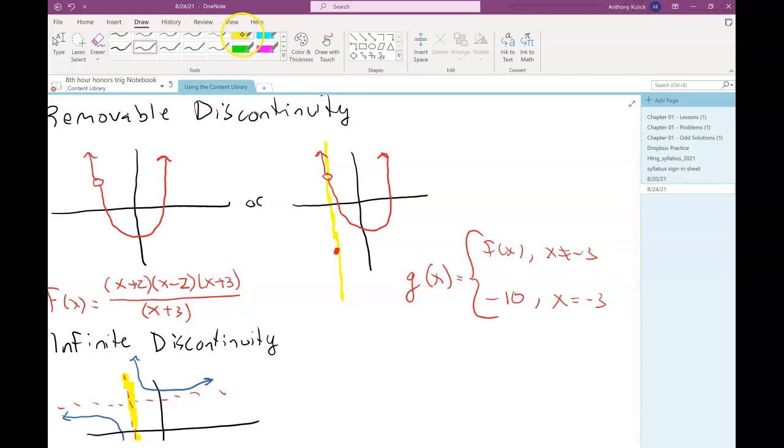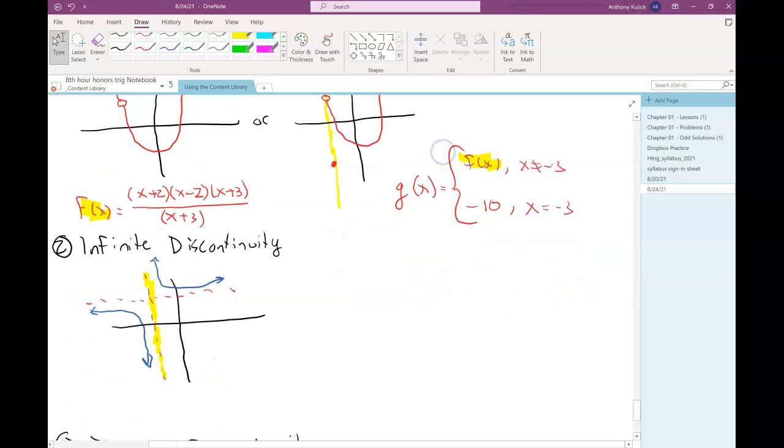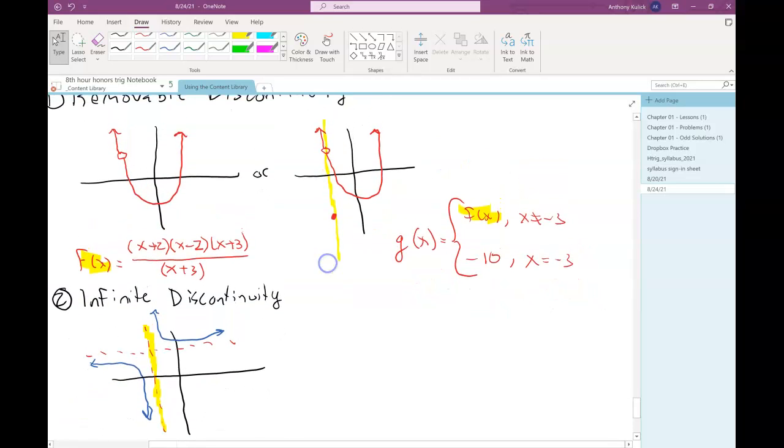And the f of x here that I'm describing is just the same f of x from over here. I just didn't want to write that again because that was a lot of symbols to write. Is that okay?